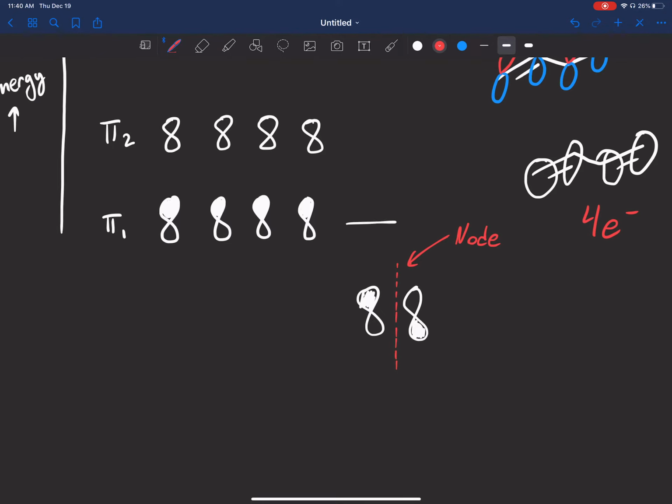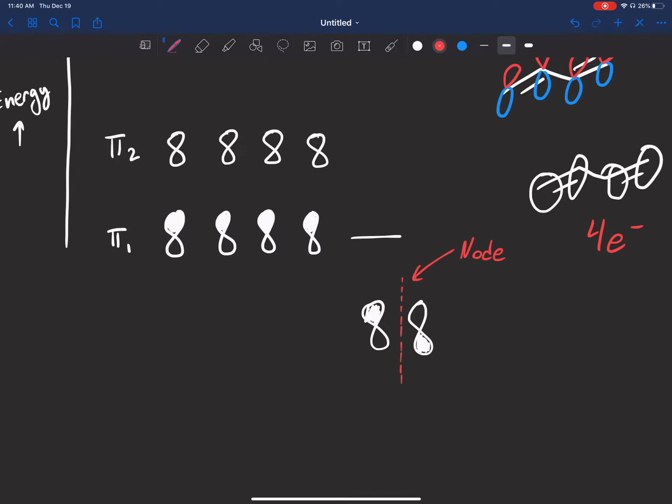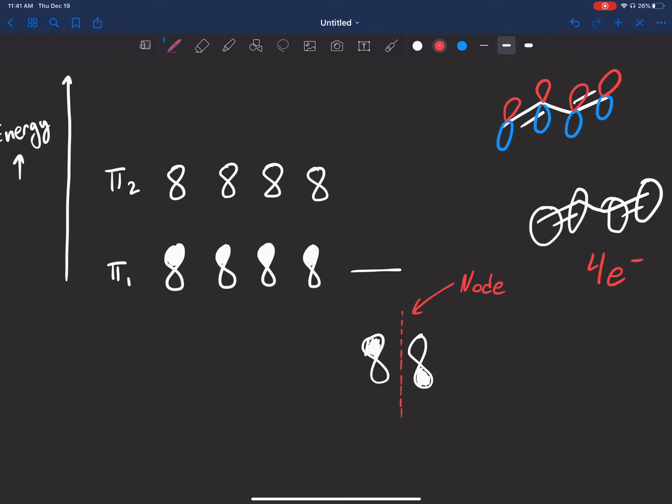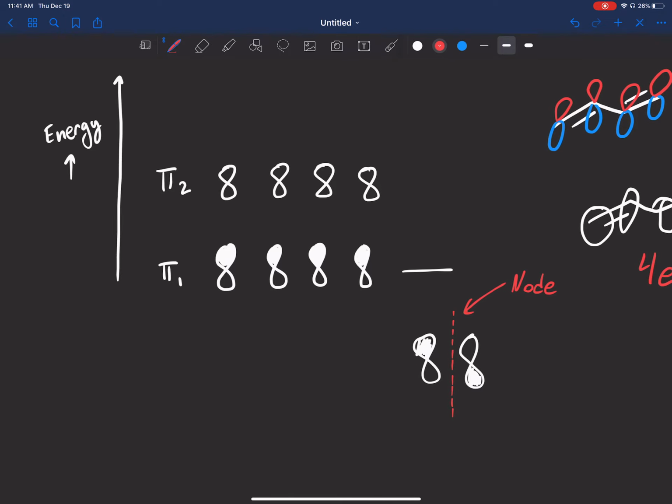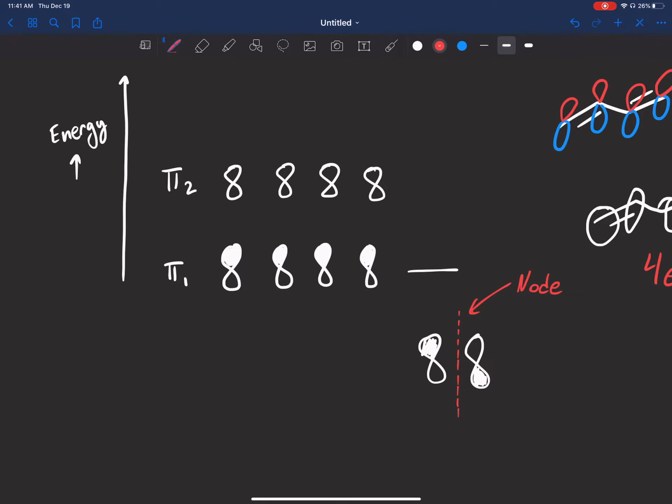With this node, we essentially separate those orbitals that do not overlap properly. The lowest molecular orbital, the lowest energy one, the first one we draw, has 0 nodes. You can see that everything overlaps, no node. Every time we go up 1 molecular orbital, we increase the number of nodes by 1.